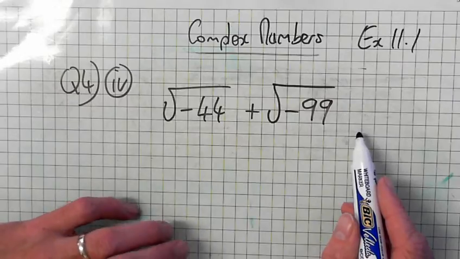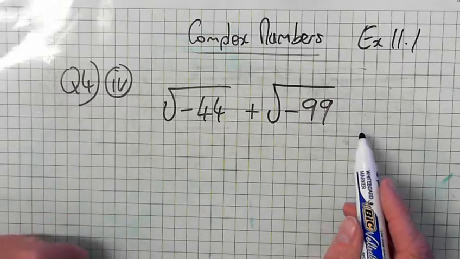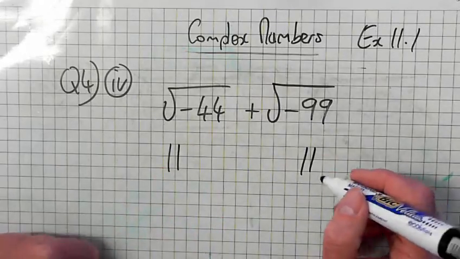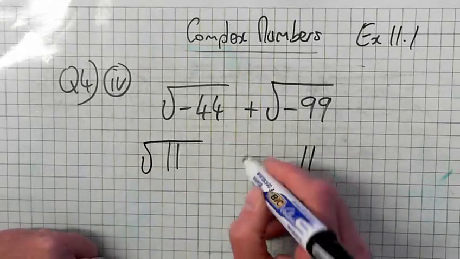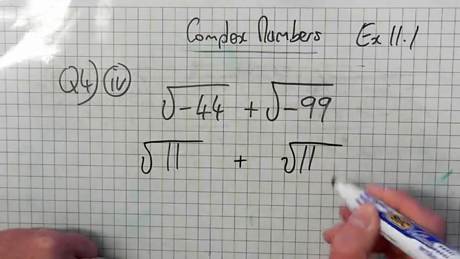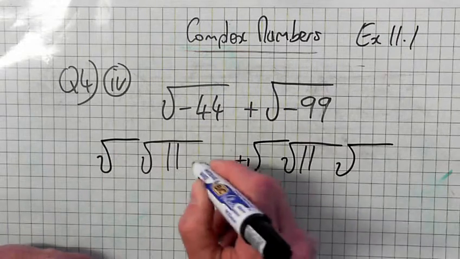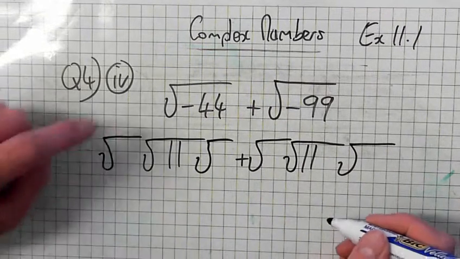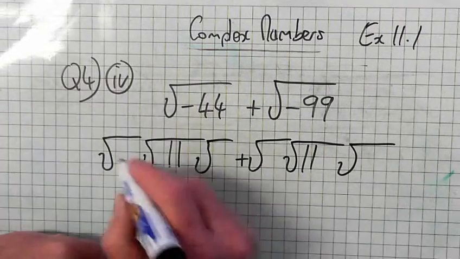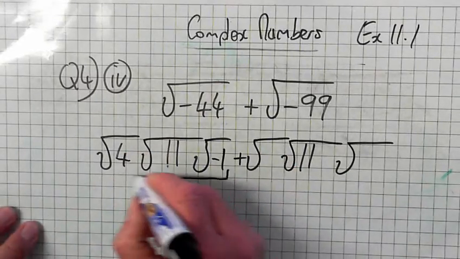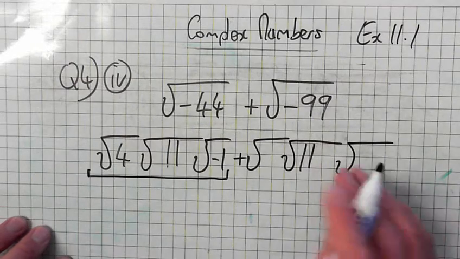Bigger than 9? 11. So first of all we need a number that will divide into both. Alright, so 4 times 11 is 44. And we need a minus 1 there. That's the left hand side.